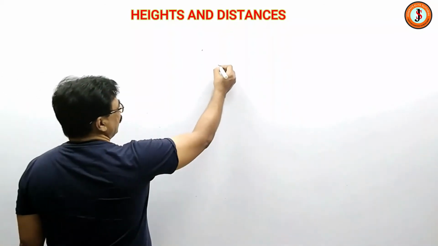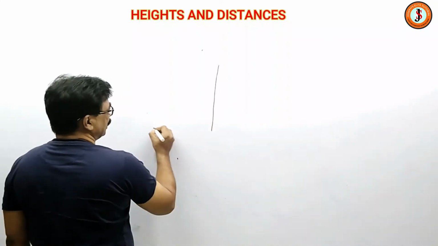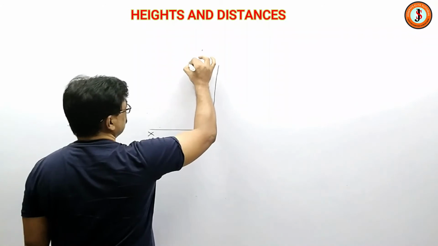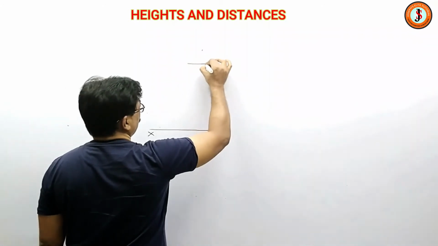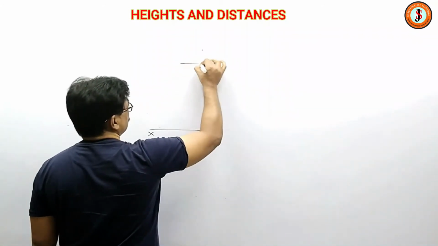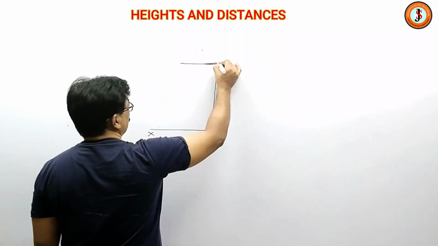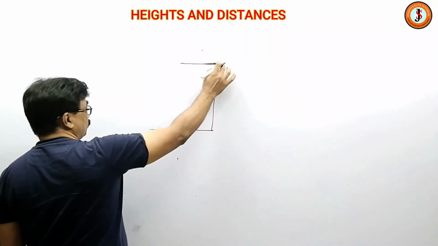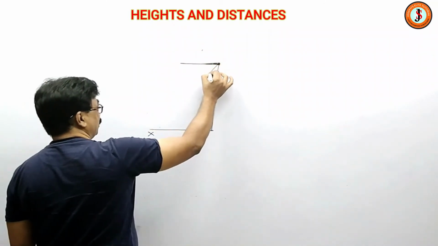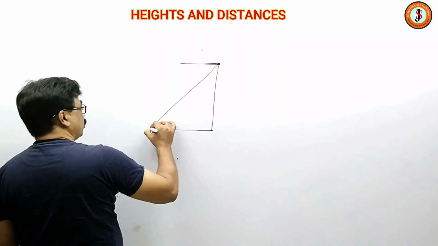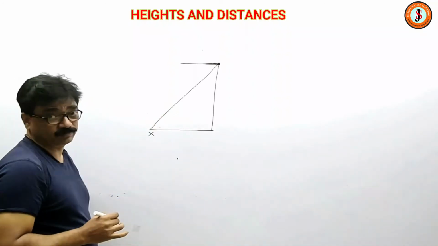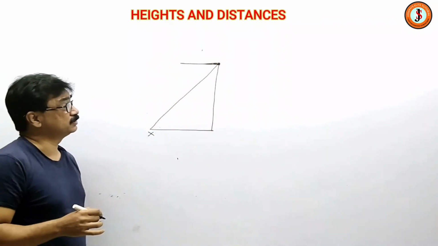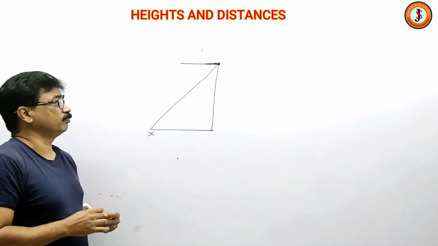So what is the meaning of angle of depression? There is a tower and a point x, and the angle of depression is observed from the top of the tower. The person viewing this point is on the top of the tower. It is the angle between the point being observed and the horizontal line passing through the point of observation.